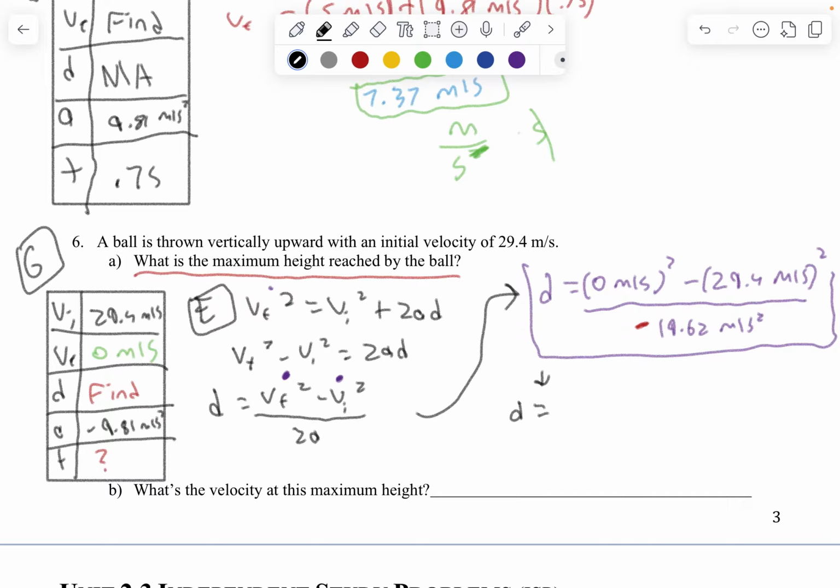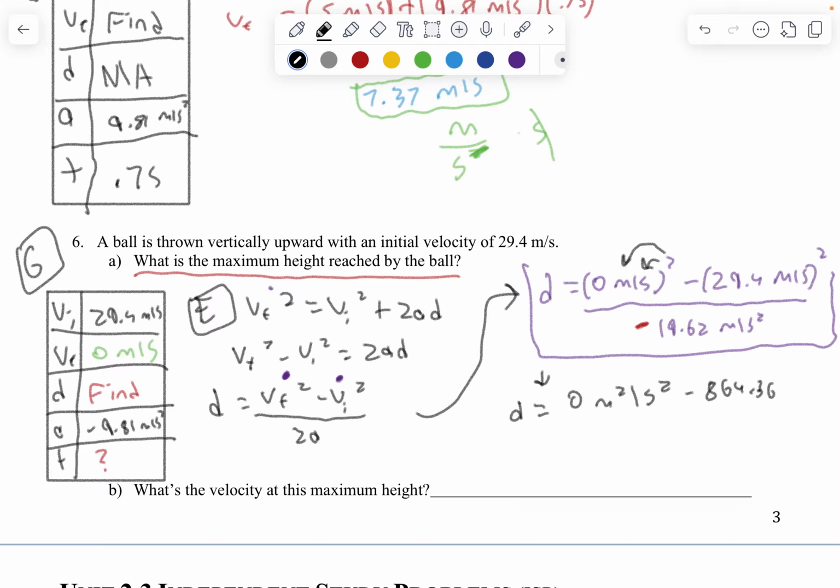Displacement equals, well, we need to bring this exponent not just into the zero. This is something a lot of people get wrong, and I understand. Not just the zero, but also into the units, so the meters and the seconds. And so that would be 0 meters squared per second squared minus, well, what's 29.4 squared? 29.4 squared is 864.36.